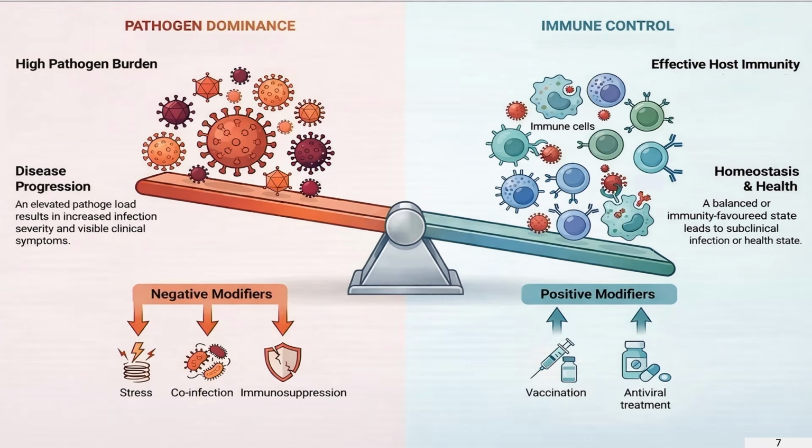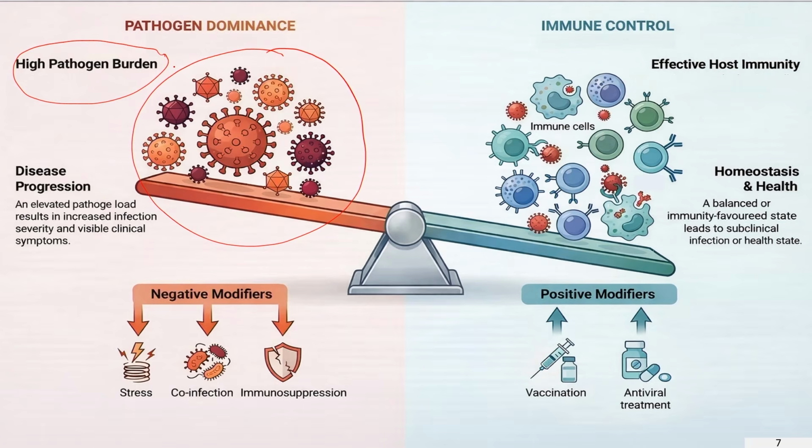Okay, coming to the next one. We have now understood that innate and adaptive immunity are the two arms of the immune system, and we have pathogens entering the body, and we look at the immunological cascade in a different style. When there is a disease, that means we have a high pathogen burden.